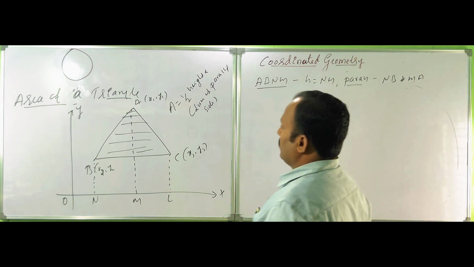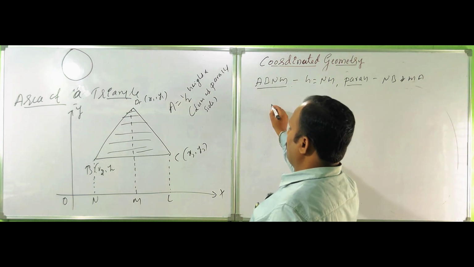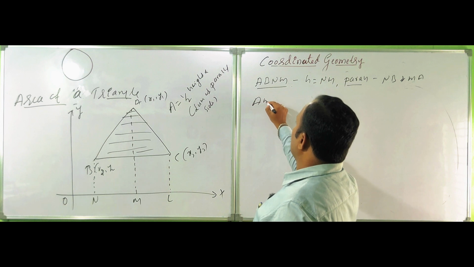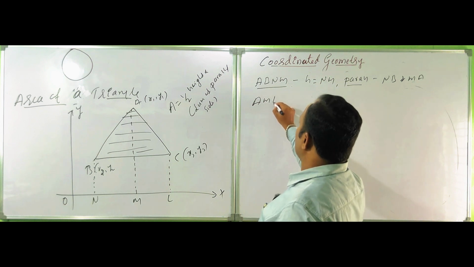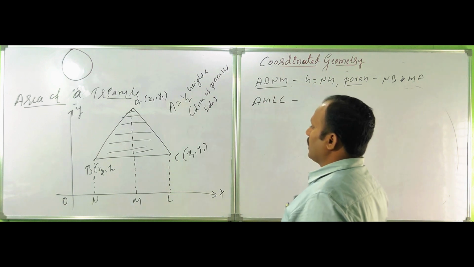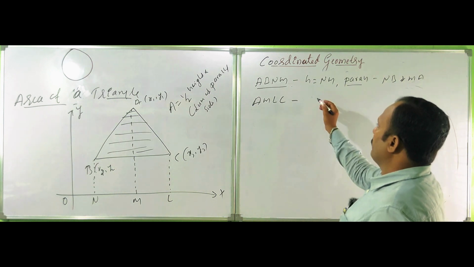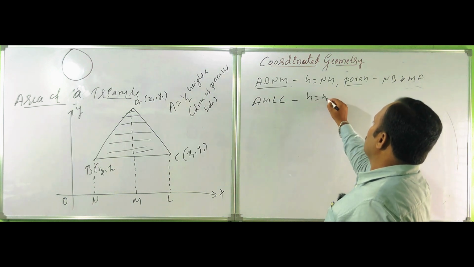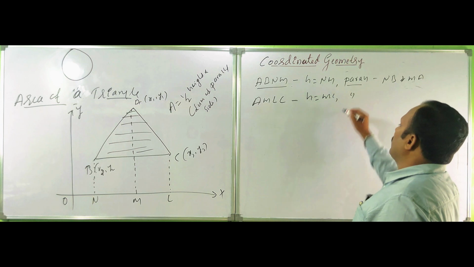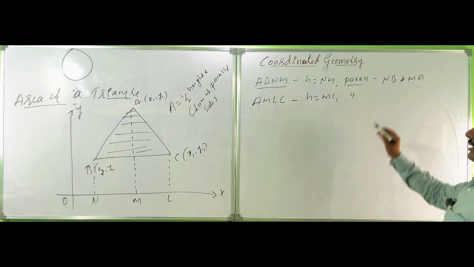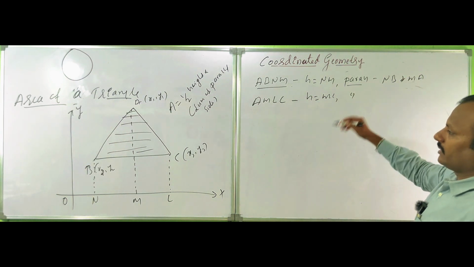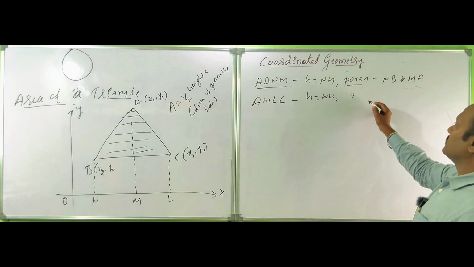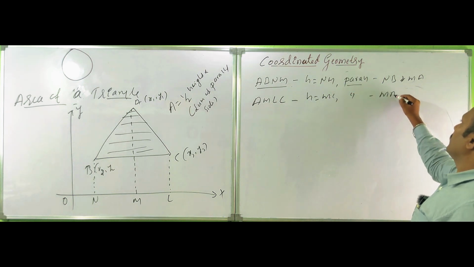Next, another one, AMLC. Here height is ML, H is ML, and parallel sides are MA and LC.